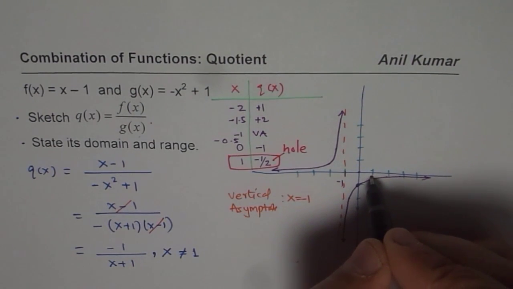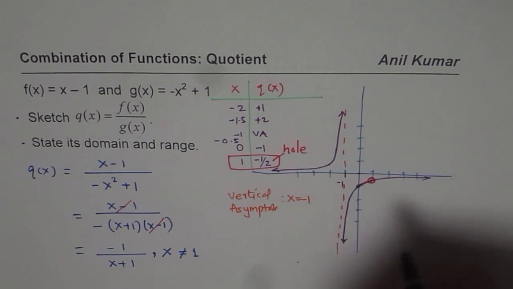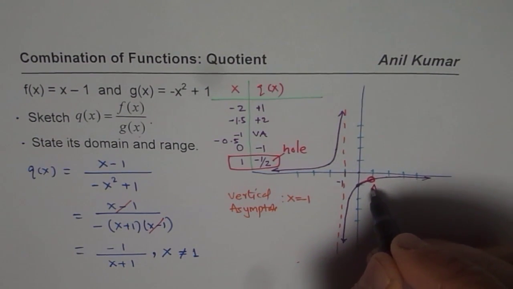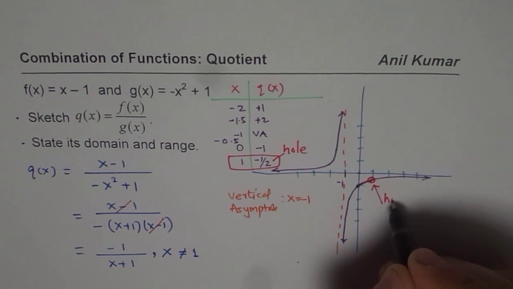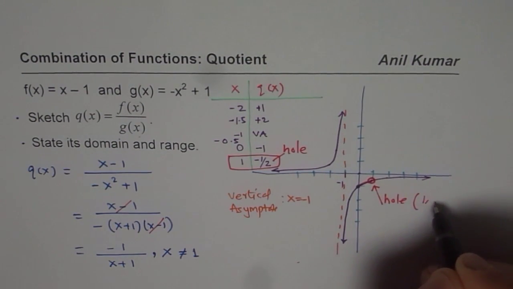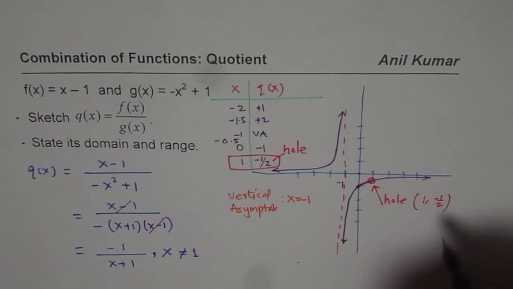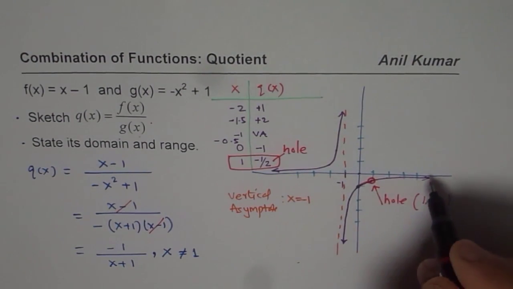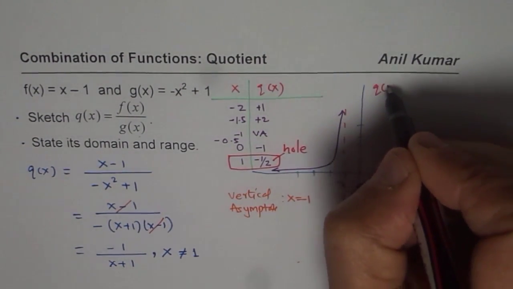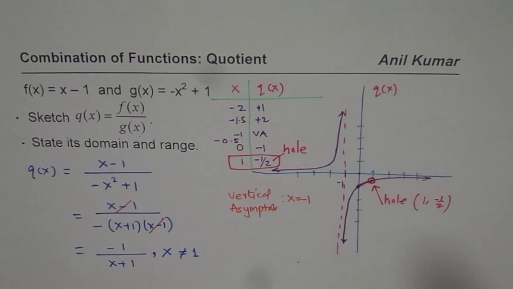So we'll have a hole here. That is important. So this is the function. There is a hole here. So let me write down here hole. So that is the next restriction for us. So location of hole is 1 and minus half. Now this really represents the function q of x. So it has two restrictions for us.